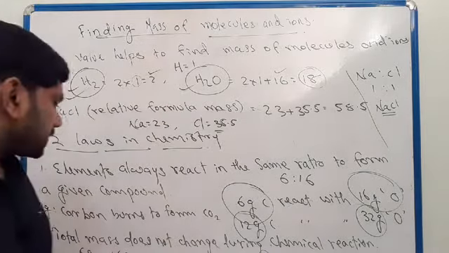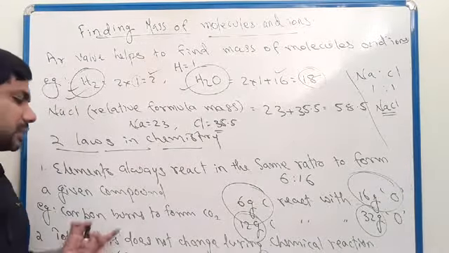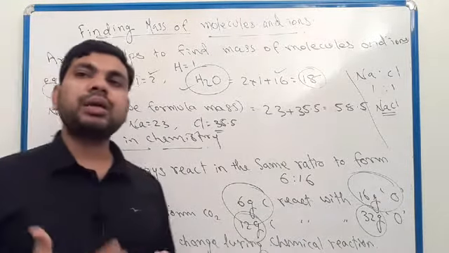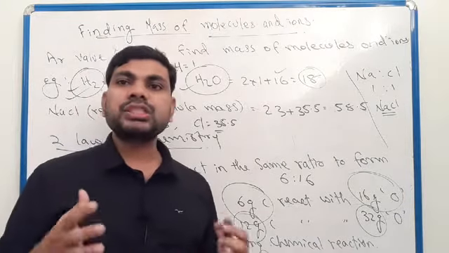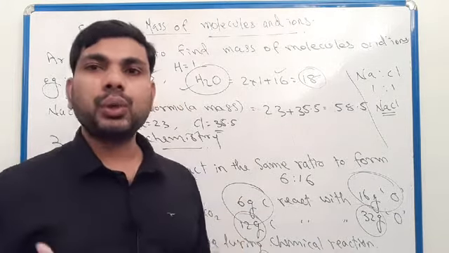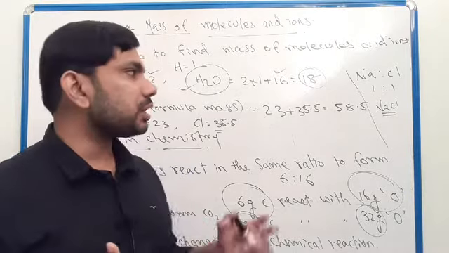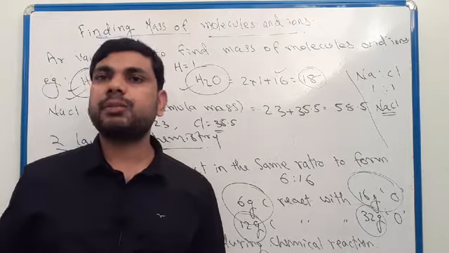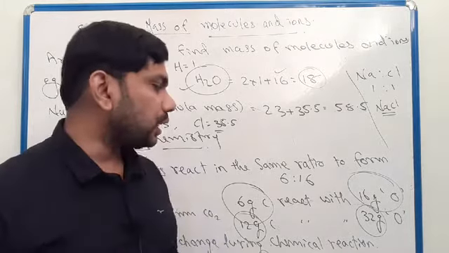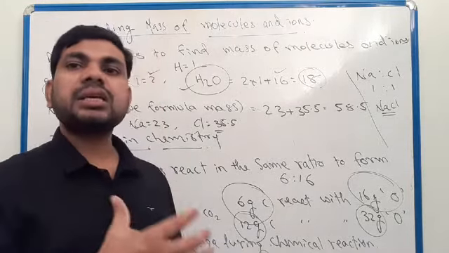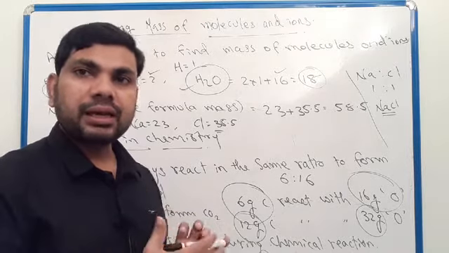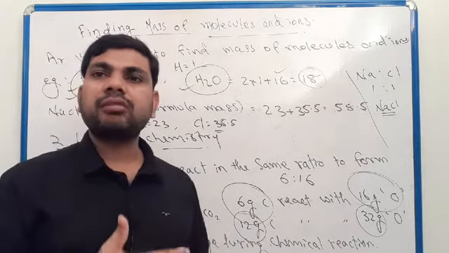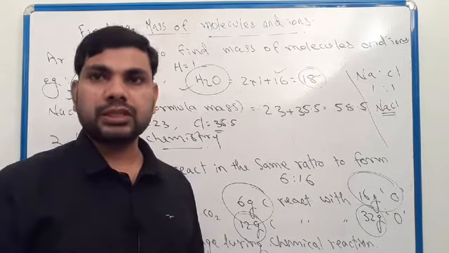And the second law: total mass does not change during a chemical reaction. We know in a chemical reaction there is reactant and product. We discussed this already in the first part. In a balanced chemical reaction, the left side is always reactant, the right-hand side is always product.